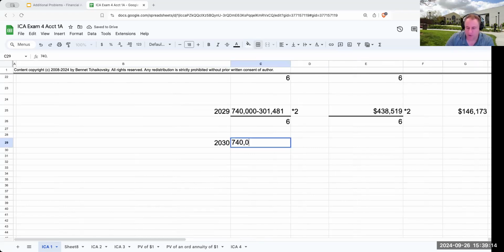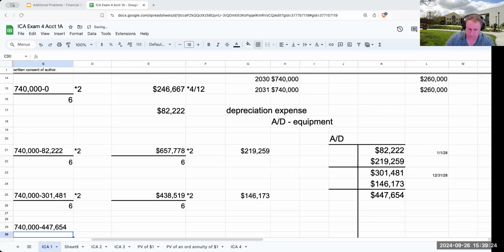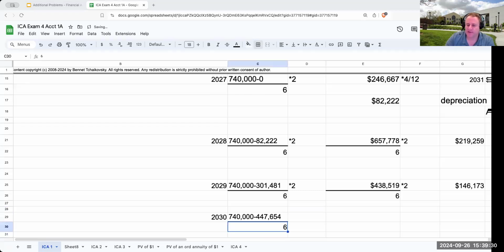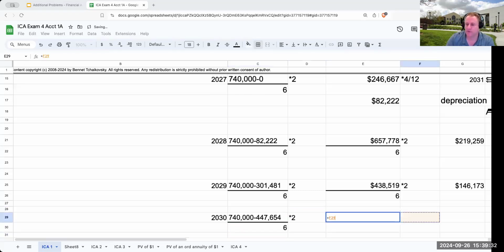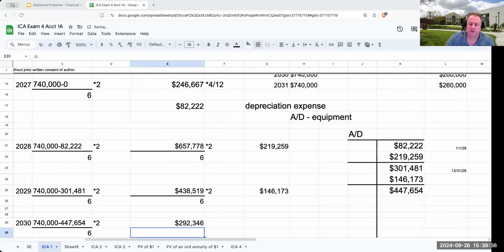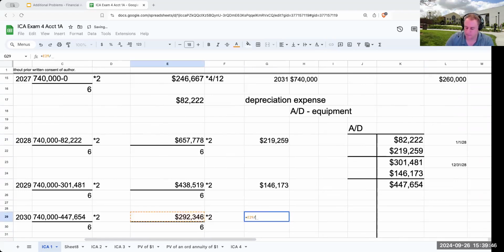This is going to be 740,000 minus the accumulated depreciation, or in this case, 447,654. I divide this value by 6 and multiply the result by 2. So over here, my 292,346 divided by 6 times 2 is going to be 97,449.